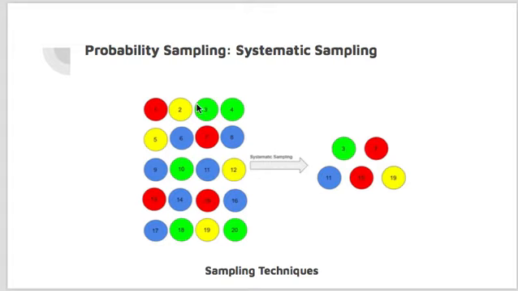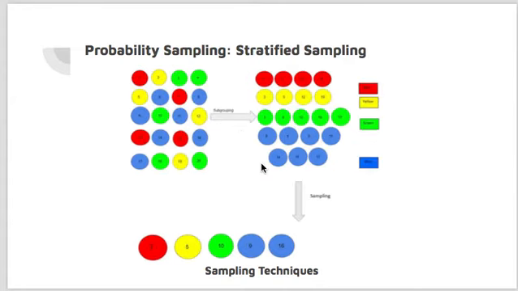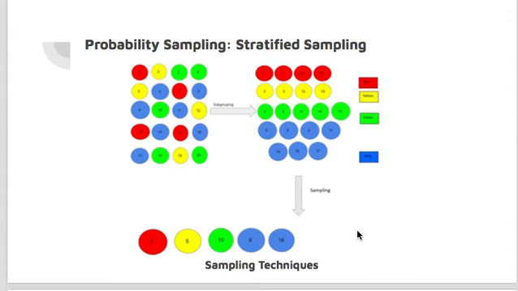In our case, we have taken every third individual response as systematic sampling. Stratified sampling is putting all our samples in different strata, like gender, caste. Here the strata are based on the different colors, red, yellow, green and blue, and after the stratification, selecting the samples is stratified sampling.